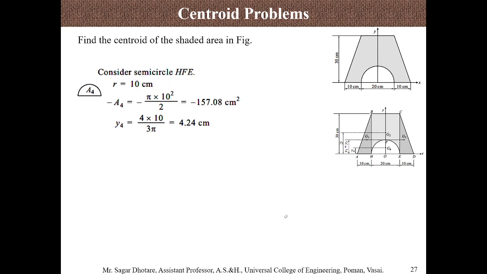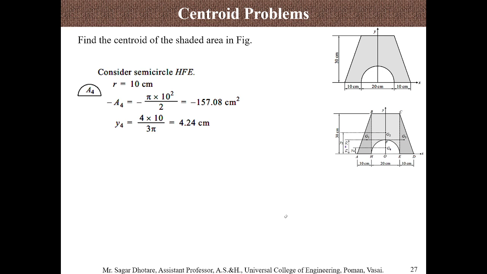Now the next one is a semicircle. For a semicircle we know the area is pi r square divided by 2, and the y coordinate is 4r divided by 3 pi.